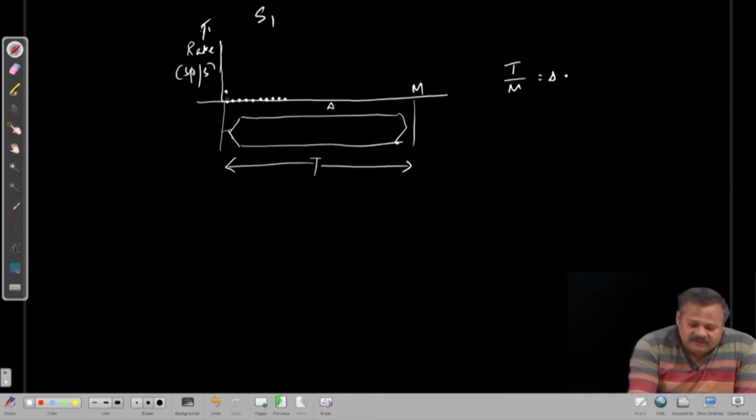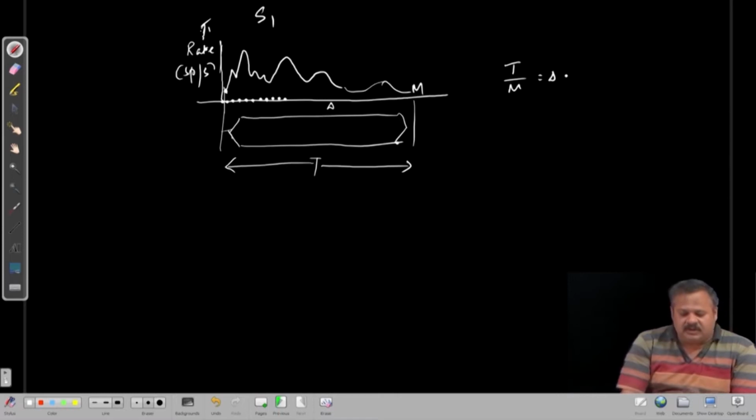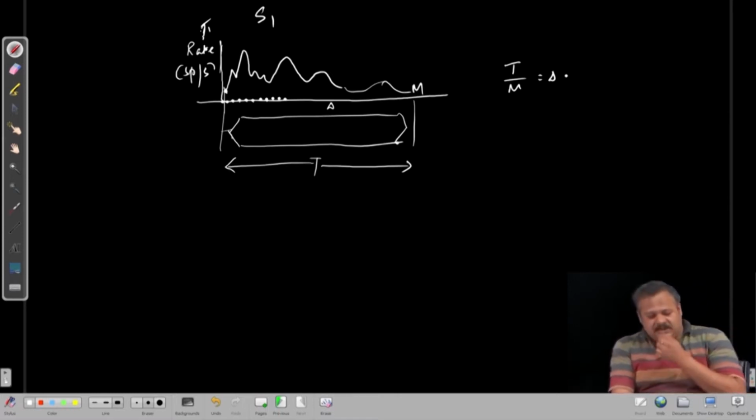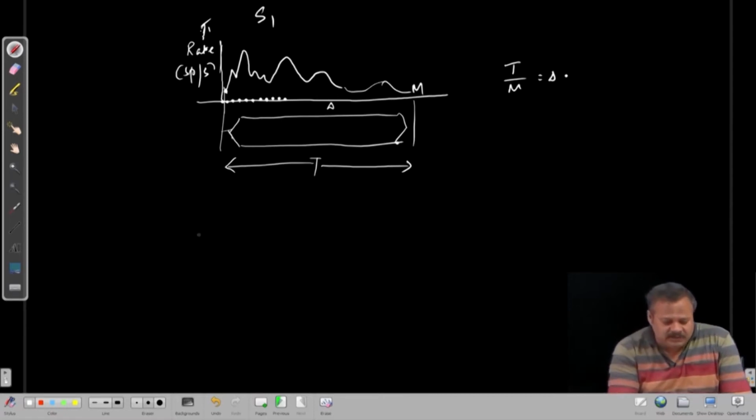In each of these bins there is a certain rate, in spikes per second, and we call this the peristimulus time histogram, that measures the rate as a function of time in response to the stimulus.